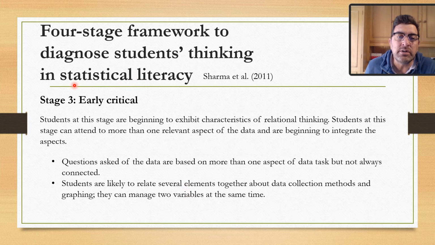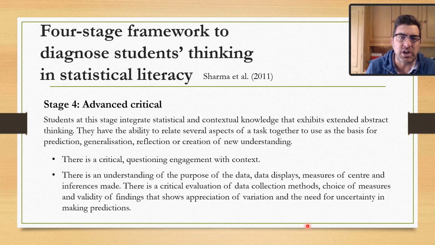So at the early critical stage of functioning statistically, this is where we start working with bivariate data and looking at regression models and discussing them in class to build on the statistical thinking and literacy of the child.